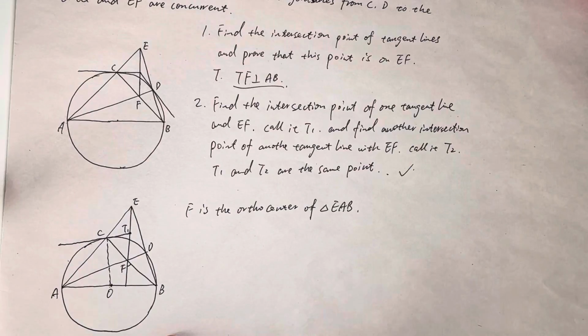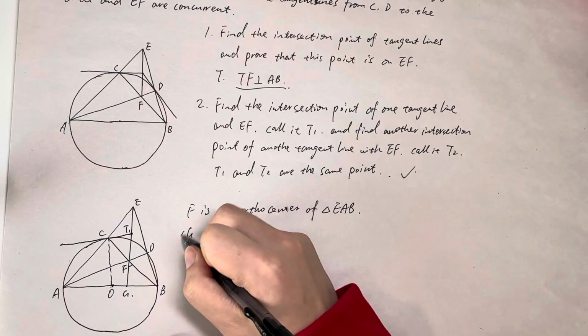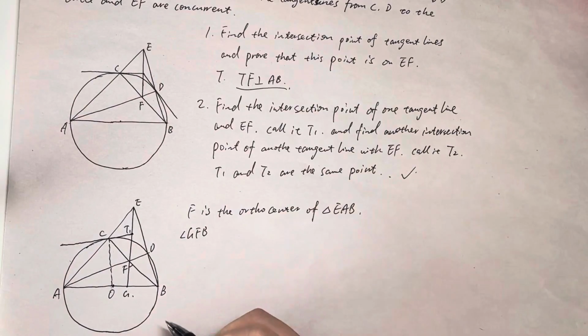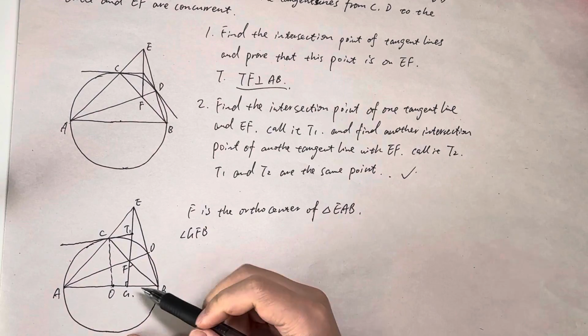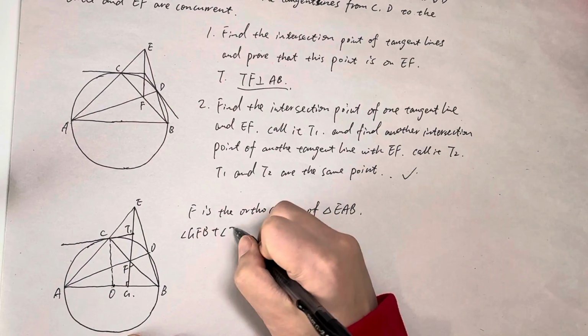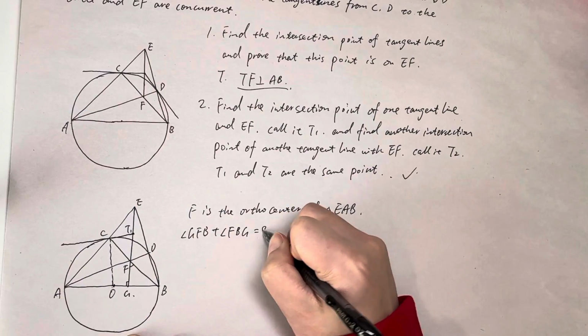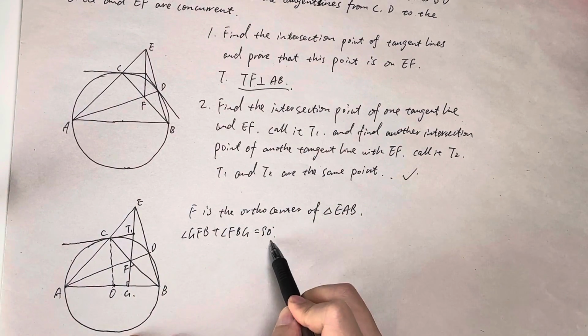Let's look at this angle, call this G. So the angle GFB, right? The angle GFB, this is 90 degree, right? The angle GFB plus angle FBG equals 90 degree. Right, this one plus this one, that's 90 degree.